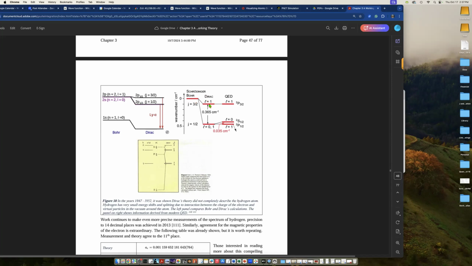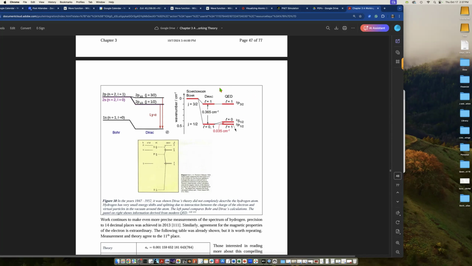Dirac's result shows that no, if you look really close, there's actually two energy levels there. They're very close together, but they are there, and they are induced by this influence of the virtual particles.